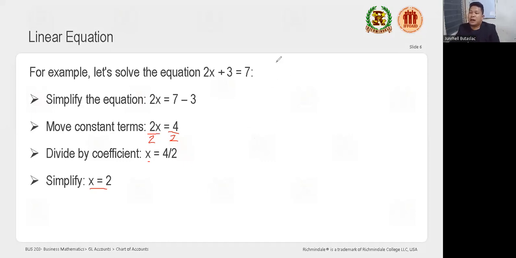Okay, let's say for example, 4x plus 2y is equal to 6.